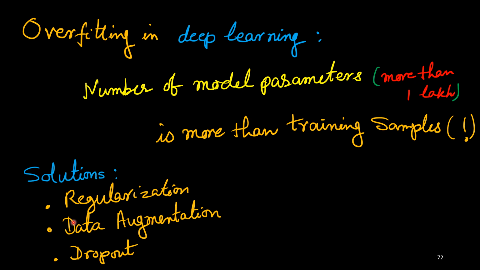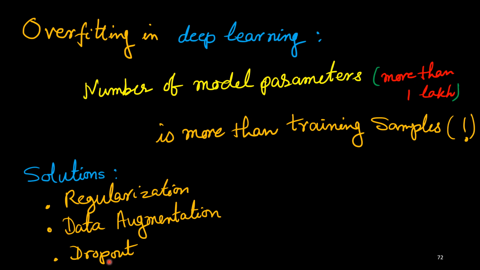It won't go for overfitting. So we need to increase the data. That is called data augmentation. The same data we can repeat in different forms. Suppose by rotating or by adding a little noise, we can make more data. The target value will remain the same. That is called data augmentation.